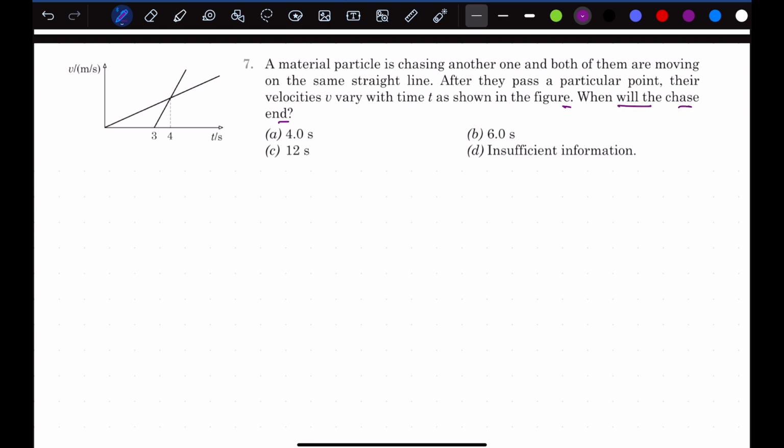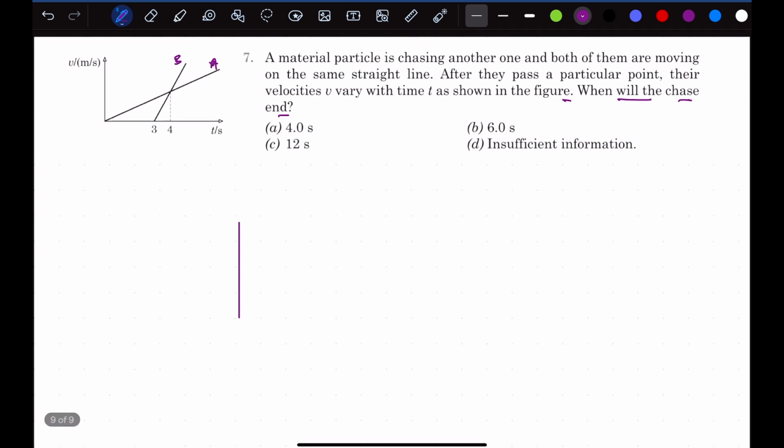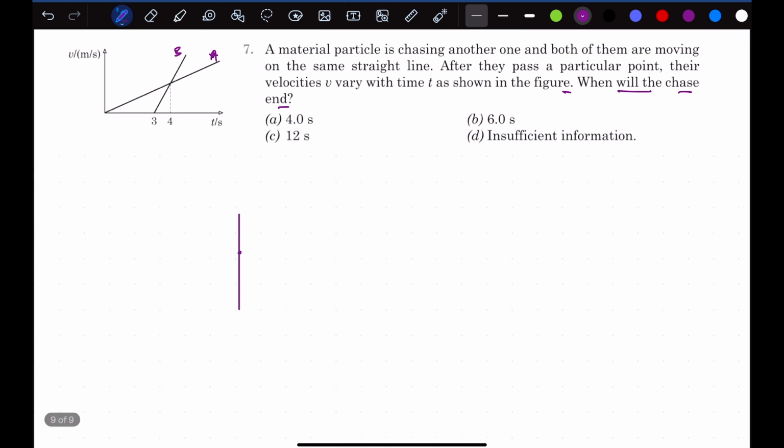Okay, so look here. If I take this as particle B, this as particle A. Let's suppose this is a point, a crossing line, right? So at this point, particle A is crossing at t equals 0 with 0 velocity, right?